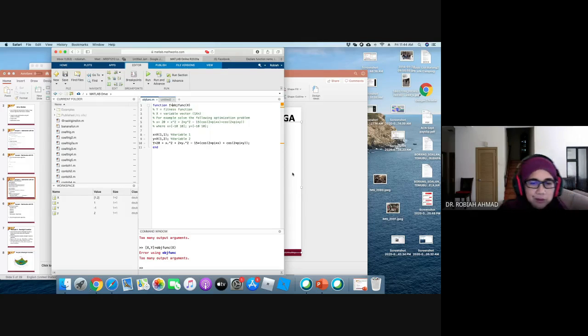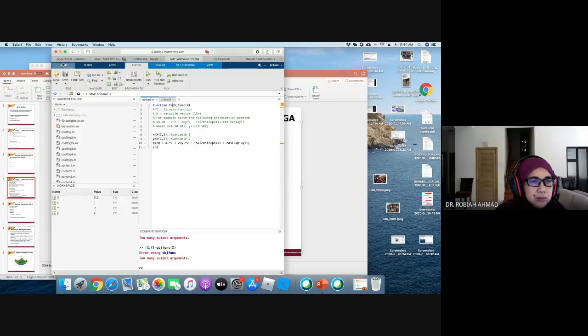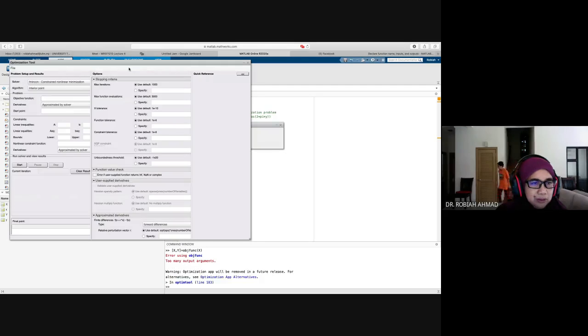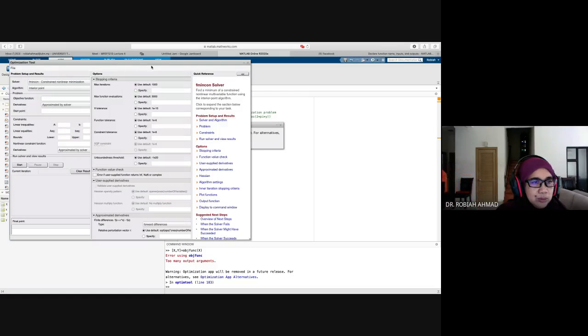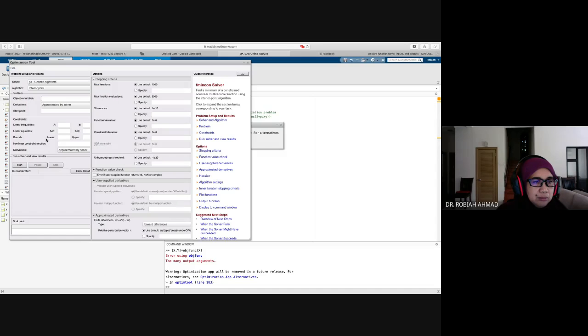In order to do the GA toolbox, we go to apps here and then click optimization. I'm still figuring out my objective function. When you go to the optimization tool, we click on the solver, genetic algorithm.